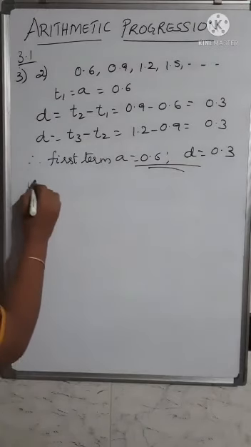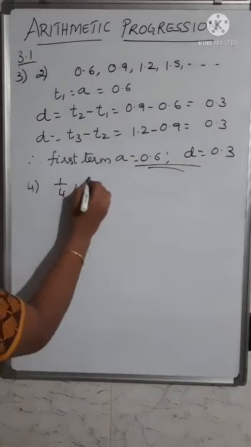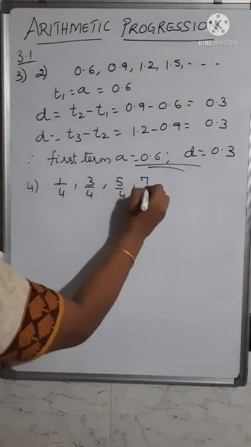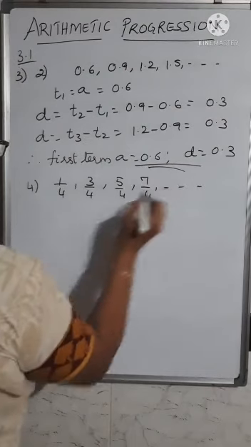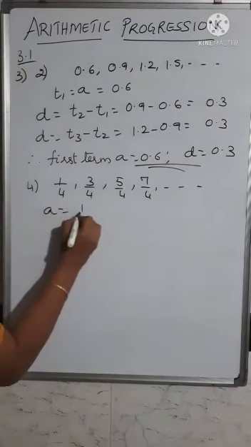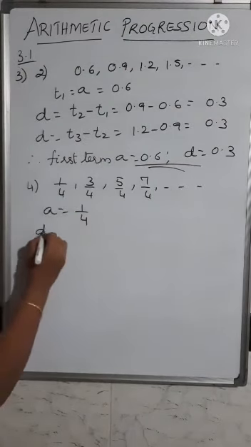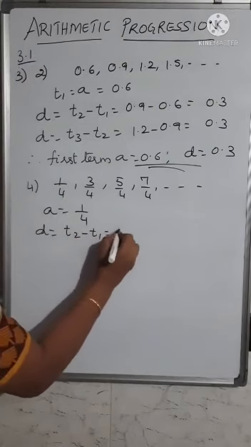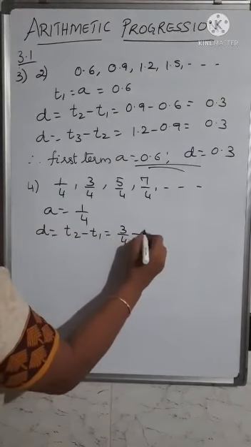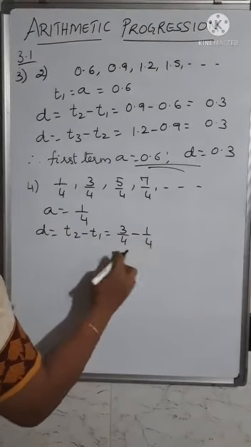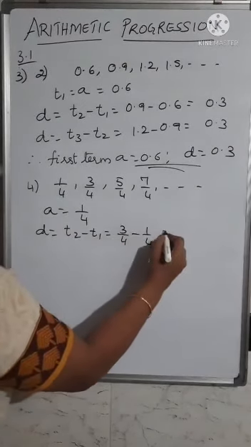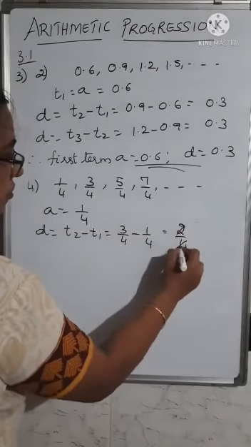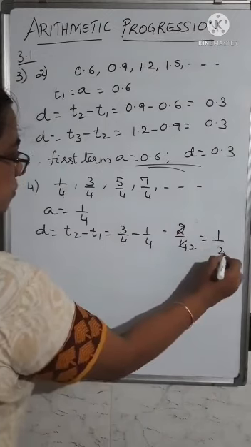The fourth one, you have got 1 upon 4, 3 upon 4, 5 upon 4, 7 upon 4. So here A is equal to 1 upon 4. Common difference is T2 minus T1, which is 3 upon 4 minus 1 upon 4. Denominators are the same, so directly subtract the numerators. So you get 2 upon 4, which is equal to 1 upon 2.